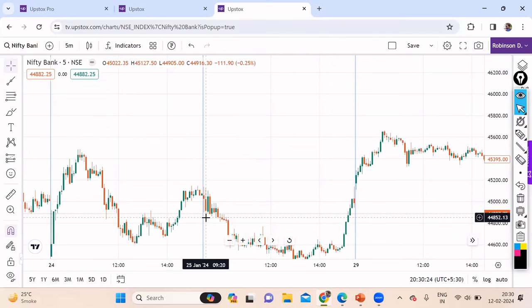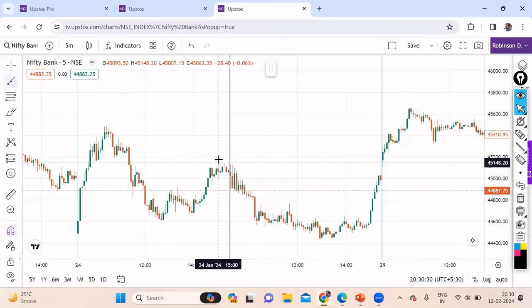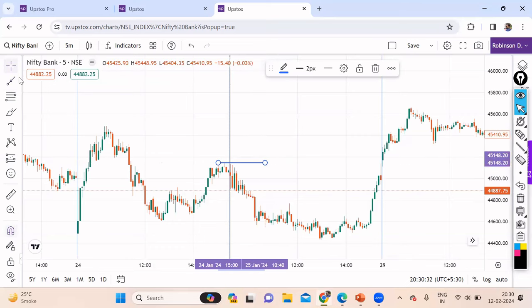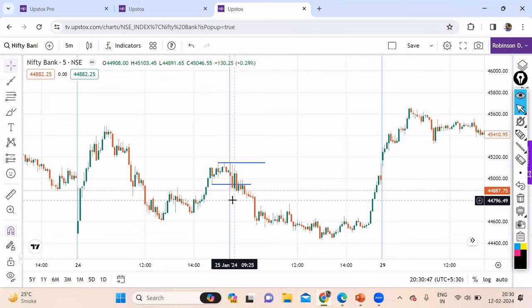And now we can have this as an example. So this is again a small range. Okay. When I say small range, this is an inducement level when it broke the next day with the first candle.